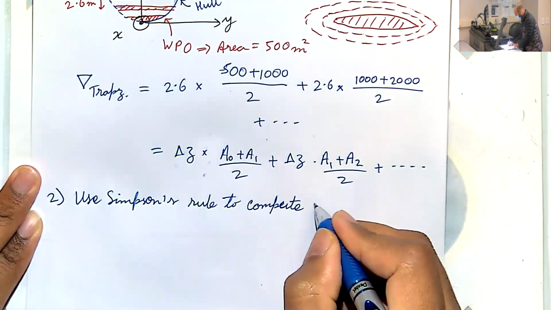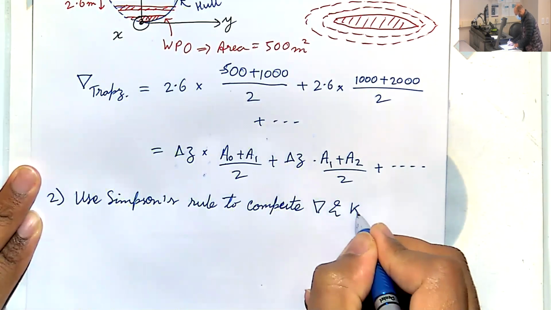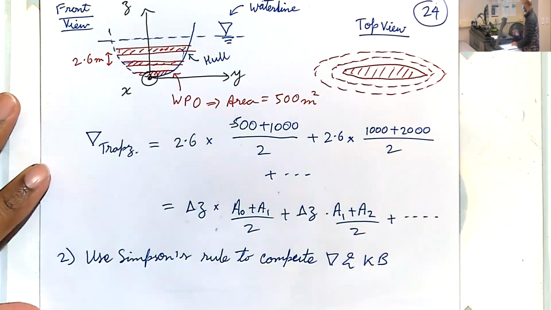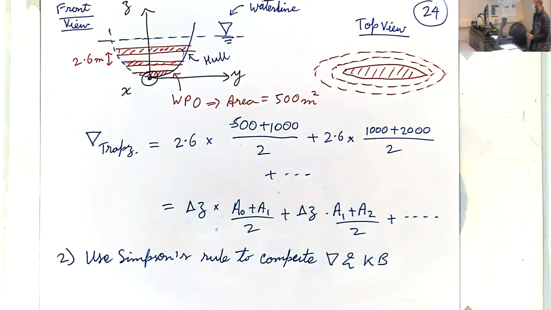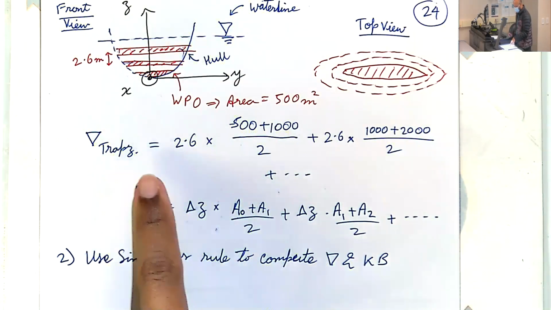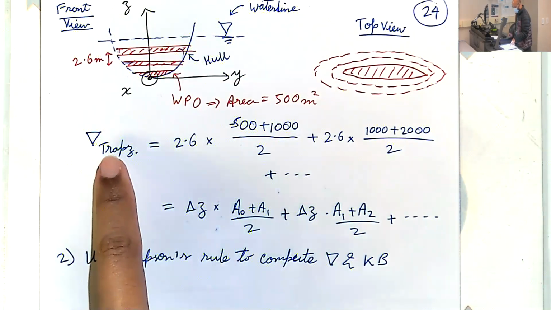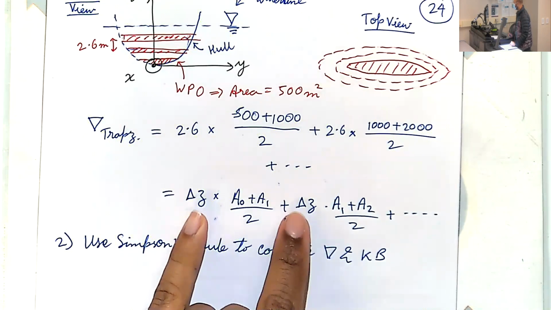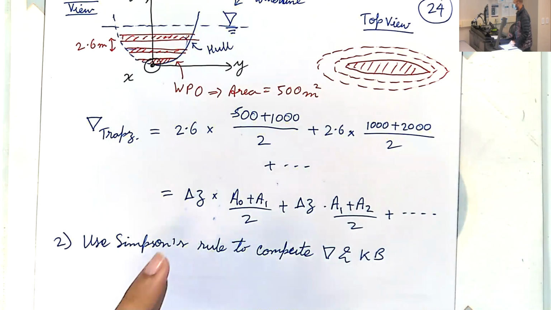So compute nabla and KB. All right. So we already said about how to do nabla, the volume, using trapezoidal rule. What do you change in here to use Simpsons rule instead?